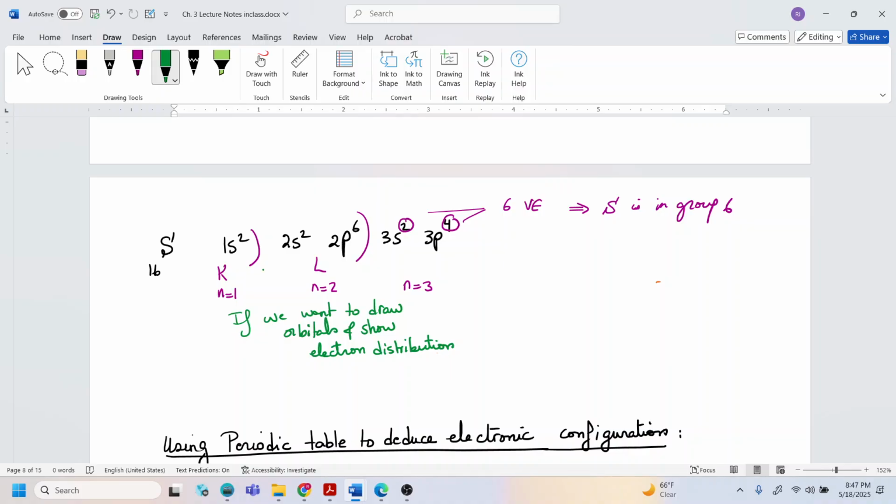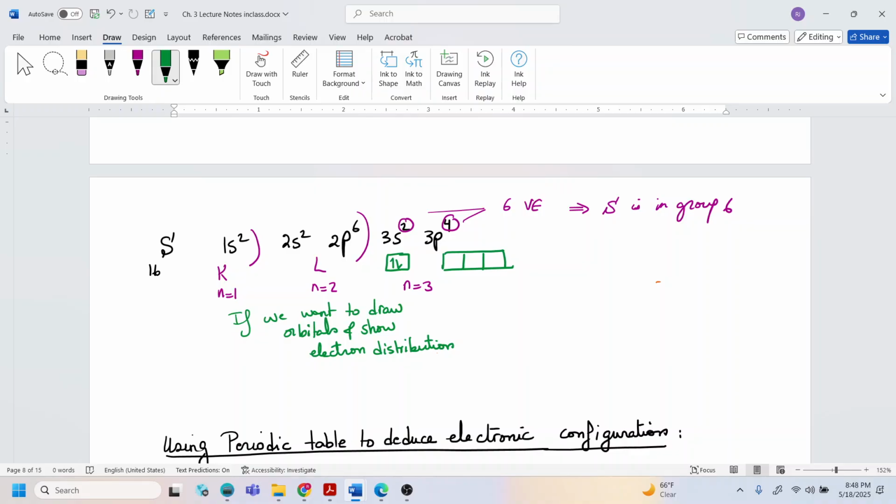So to draw the orbitals, we draw the s orbital here, which is made up of just one subshell, and we draw the p subshell, which is made up of 3 orbitals. So the s subshell is made up of 1 orbital, the p subshell of 3 p orbitals. The s subshell has a capacity of 2 electrons.